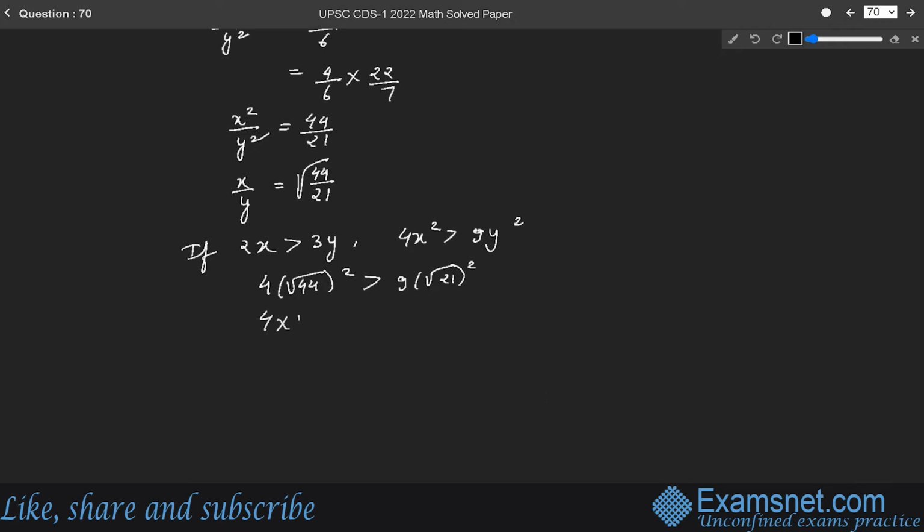Therefore, 4 into 44 will be greater than 9 into 21. Further, 176 is less than 189, so it is not true that 2x is greater than 3y, because we can see that 2x is less than 3y. So statement 1 is completely incorrect.